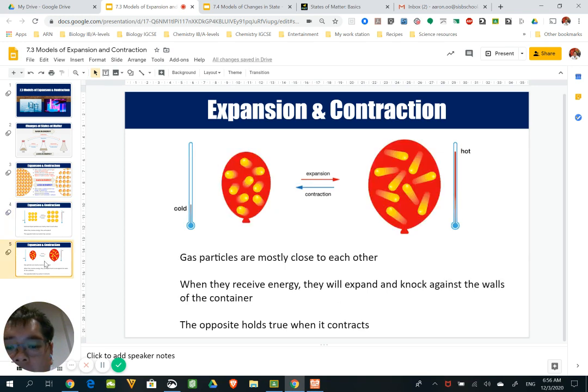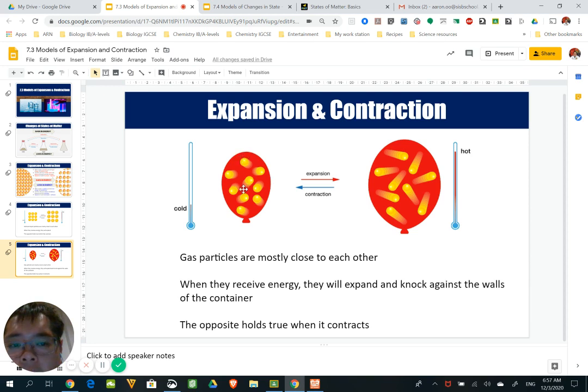Next one is what we call the gas particles. And if you know gas particles, they are actually very far apart, but they have a little bit of a special property here. We can just imagine them in a balloon form. Yeah. So when the gas particles receive energy, and of course they are already further apart, what will happen here is they will knock against the walls of the container.